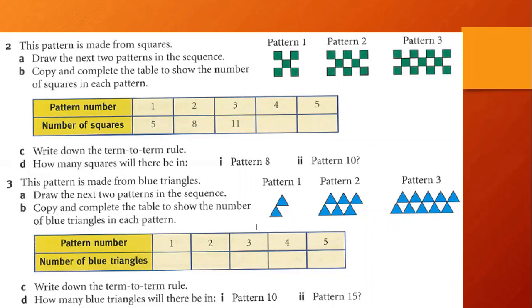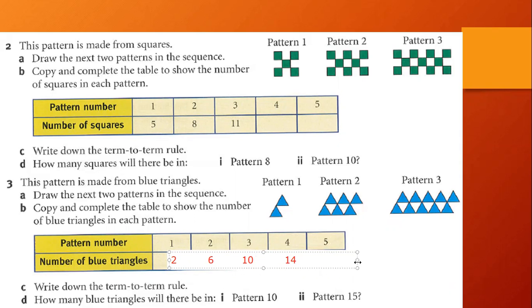The first one has 2, so the next one has 6, and the one after has 10. And how many in the next one? That is 14, because each time we are adding 4. And then the last is 18.